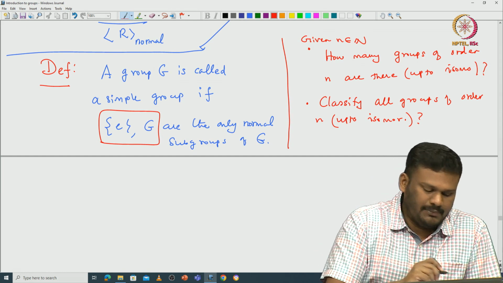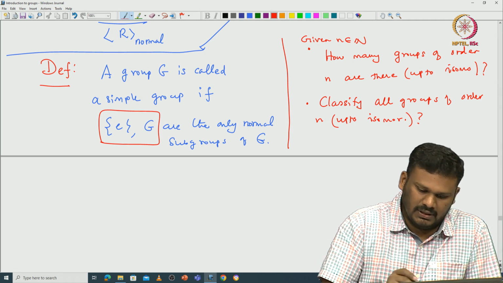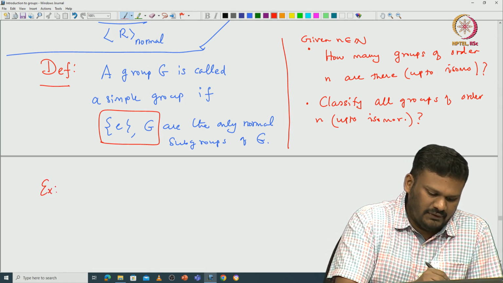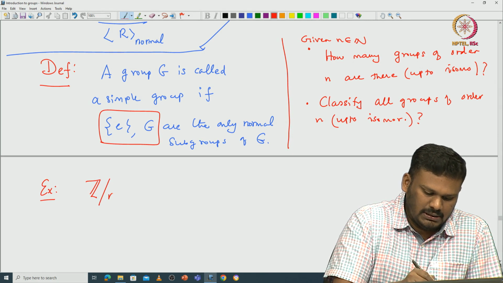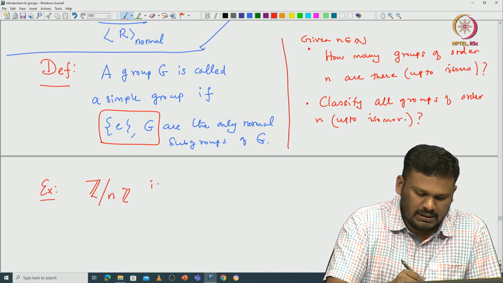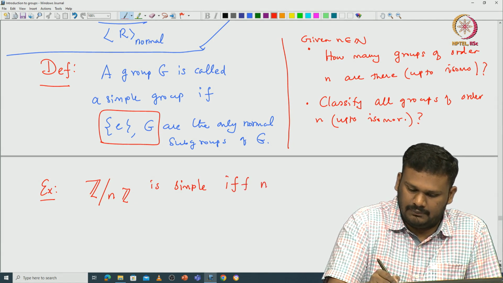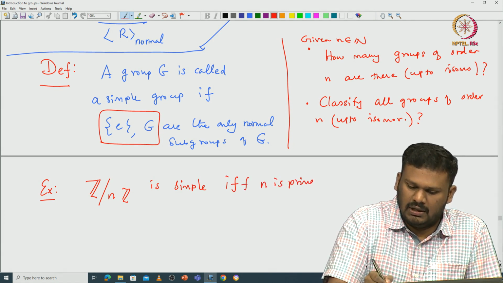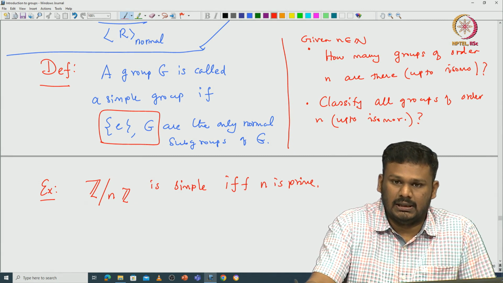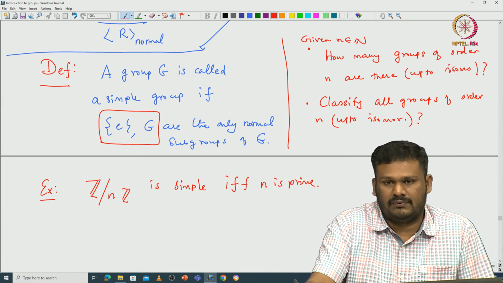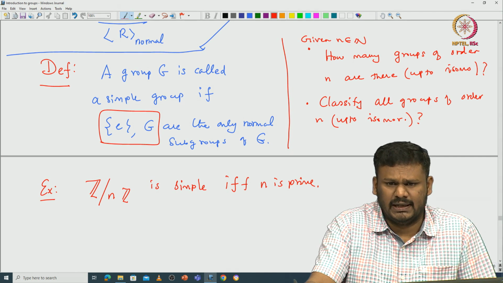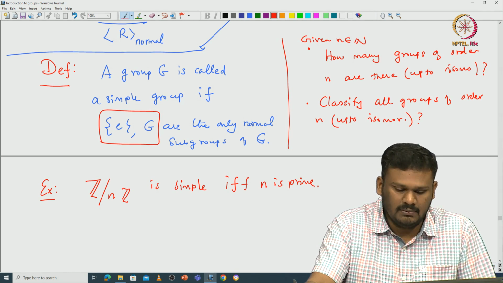Here is one simple fact which is again very easy to verify, so I will leave it as an exercise. Z modulo nZ is simple if and only if n is prime. When n is prime, it is cyclic, and if you start with any non-identity element, that will generate Z modulo nZ.